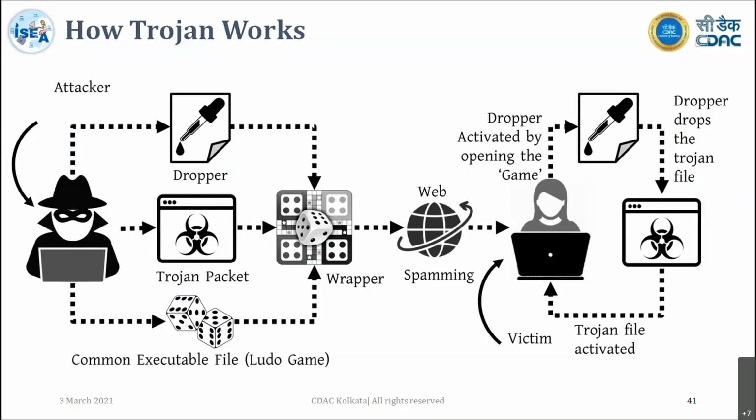These three parts are combined and wrapped, and by spamming or any other technique, since people are innovative, it reaches the victim system. The moment the victim opens that common executable file, here I have taken the example of a Ludo game, the dropper activates and drops the Trojan file in the system. In simple words, that's how a Trojan works.